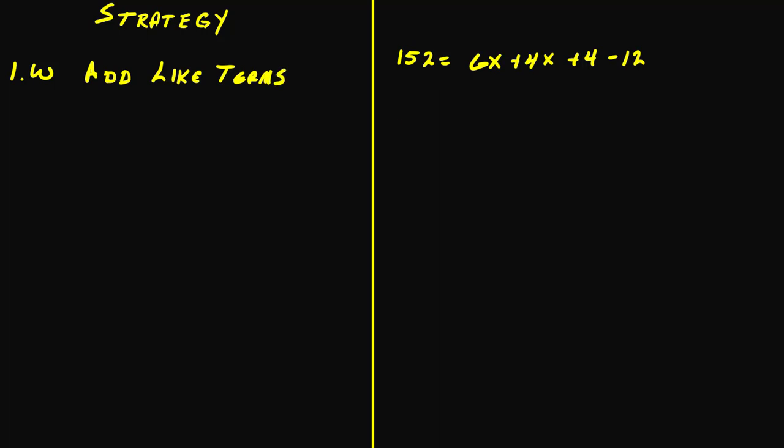It looks like this. I'm going to factor out this x from these two like terms. Gives me 6, add 4, in parentheses, times x. And I can just do this addition here. That's going to be negative 8.